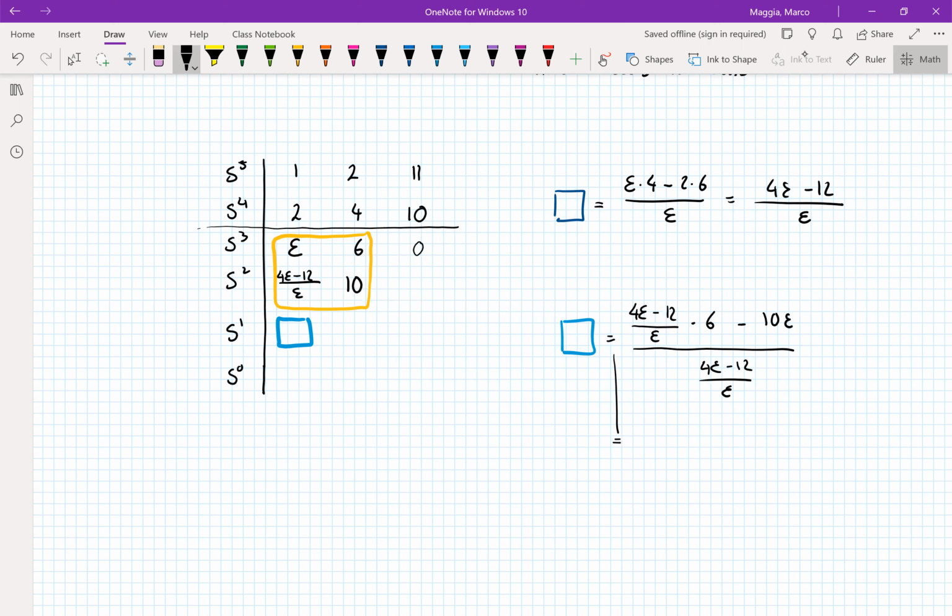So here we can multiply everything by epsilon. So we have 24 epsilon minus 72 minus 10 epsilon squared divided by 4 epsilon minus 12.